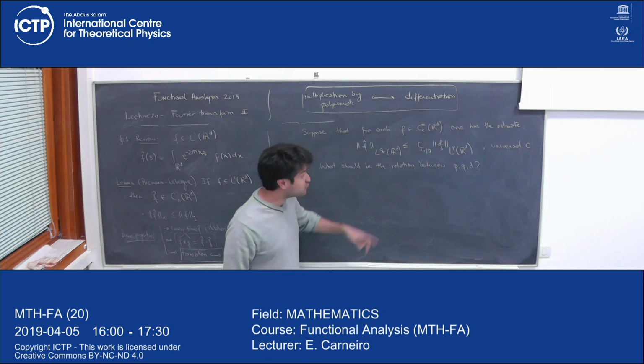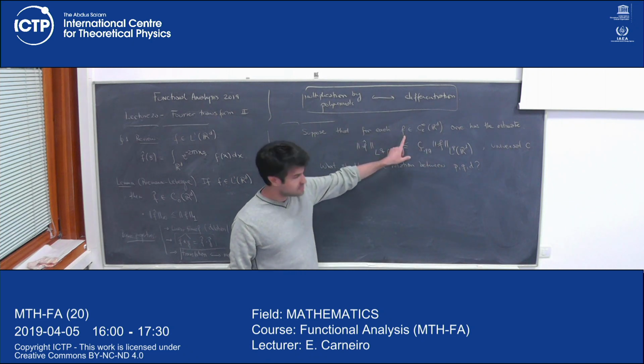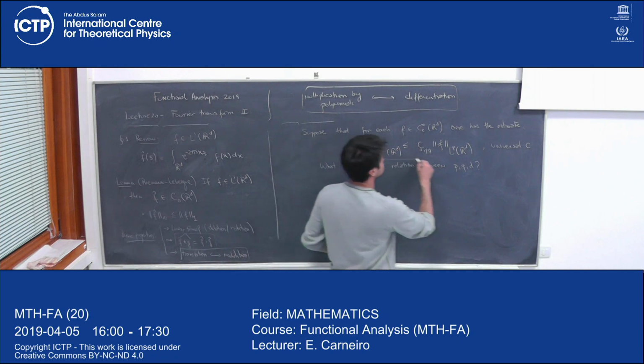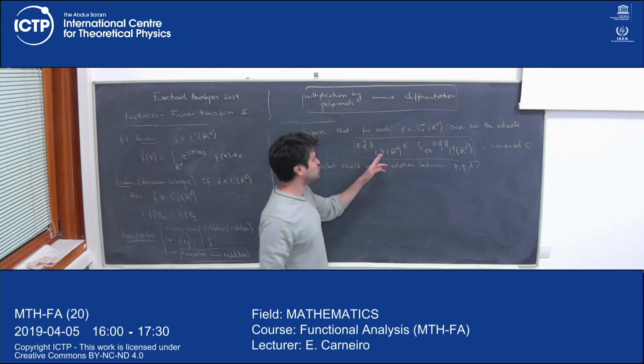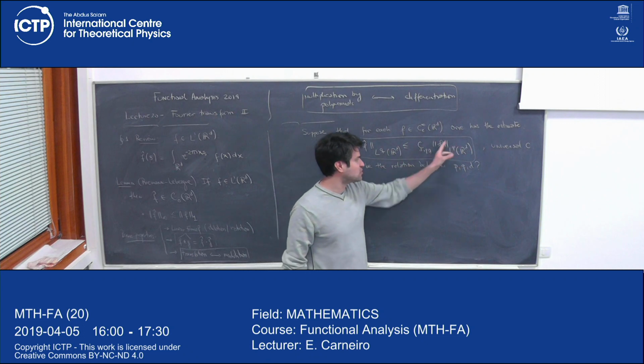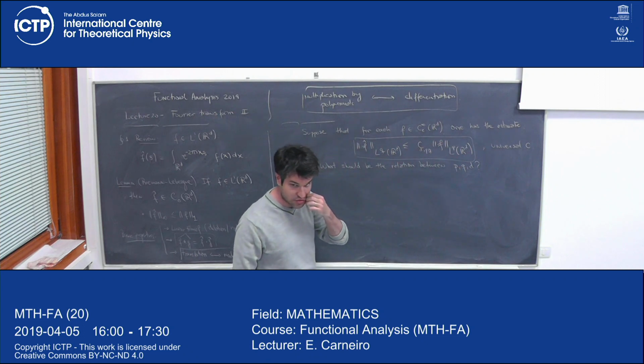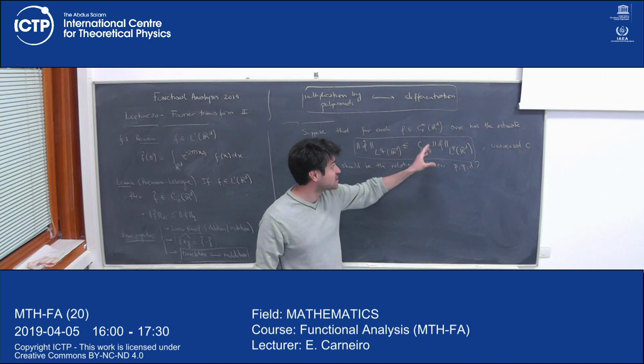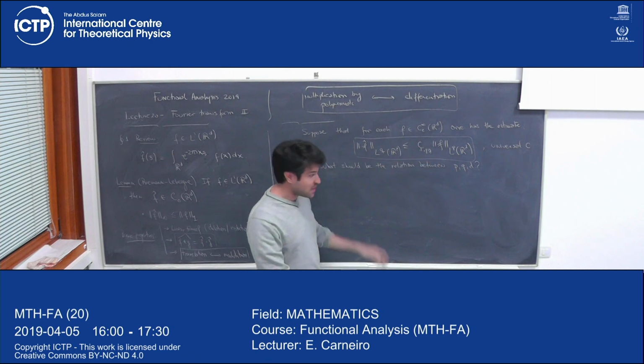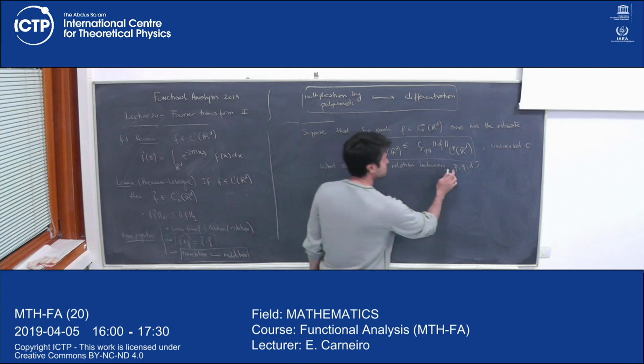That's okay. But for any function f, you have this estimate here: the L^q norm of the Fourier transform is bounded by the L^p norm of f times this constant C. The point is that the constant C does not depend on f, okay? And my question is, what should be the relation between p, q, and d?